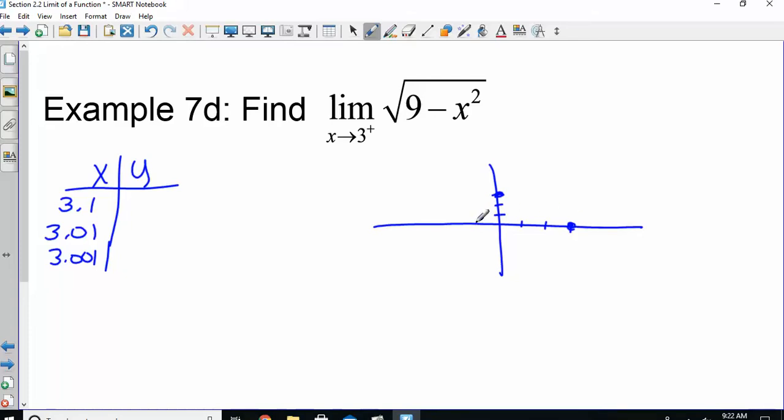If I put in negative 1, I get radical 8. Negative 2 gives me radical 5. Negative 3 gives me a 0. And then can you put in anything beyond that? If I put in a positive 4 or a negative 4, then it's undefined. This is a little semicircle. So we can see from that graph as well, we got errors over here. As you're coming in from the right, does the graph even exist? So that one does not exist.